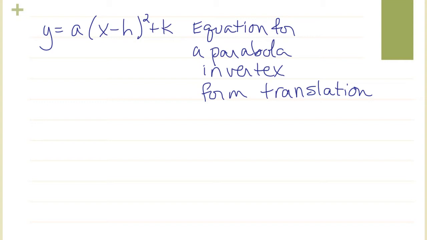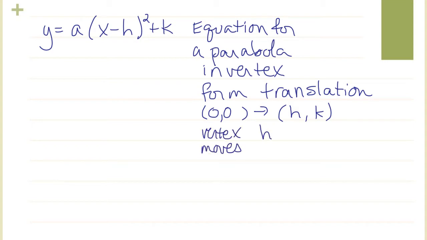They just moved somewhere in the coordinate plane. And so the translation moves the vertex from (0, 0) to some new location with a horizontal shift and a vertical shift, right? So the vertex moves. H is the horizontal shift, and the K is the vertical shift.